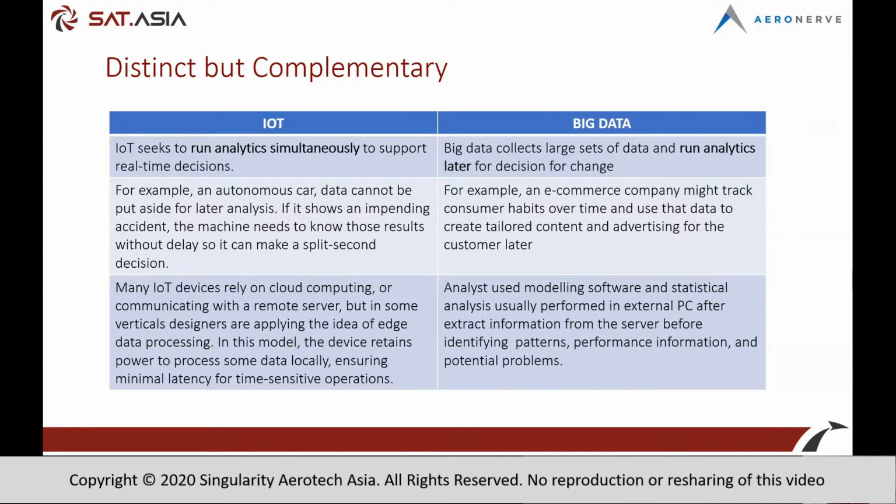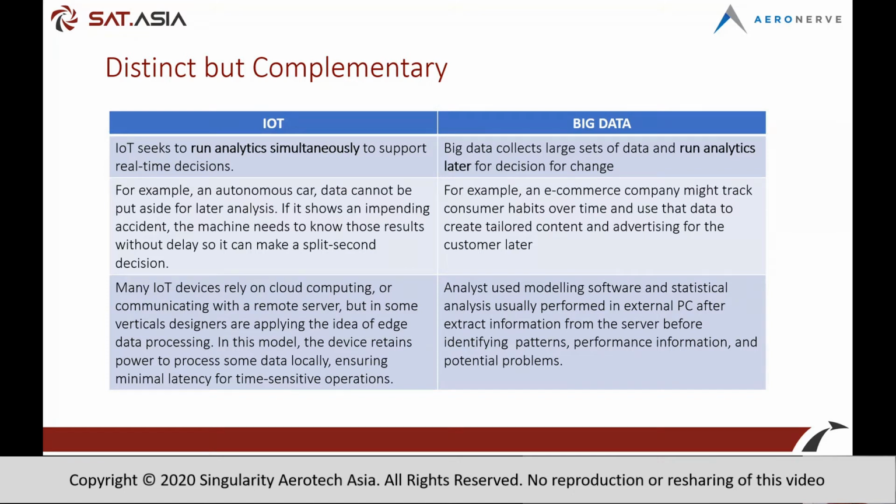Traditionally big data is done by data analysts, so it's done by humans. First you need to have that pool of data before you make any analysis or look at the insights you can get out of those data. And the decision to take action comes after you look at all those patterns and analysis results.